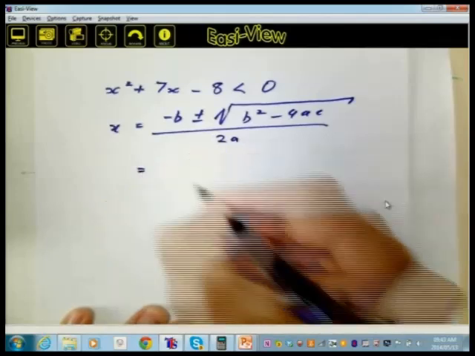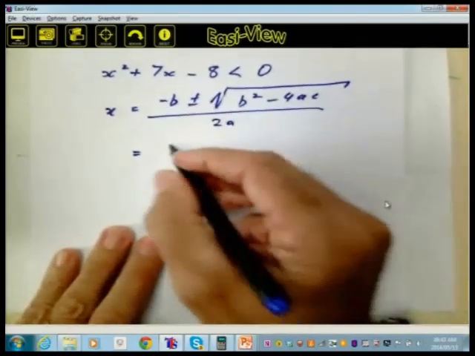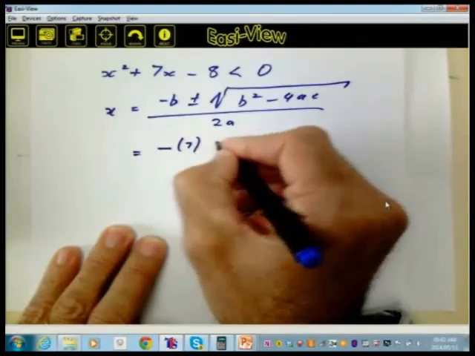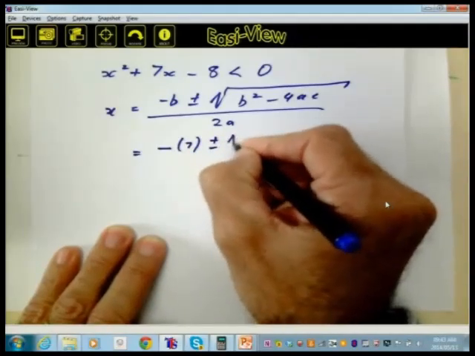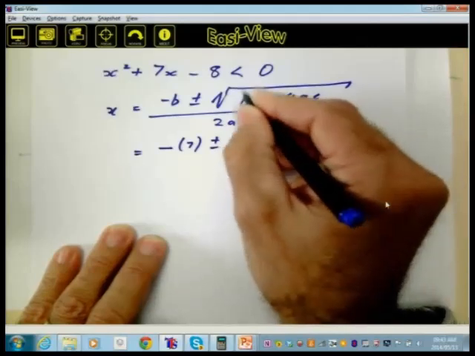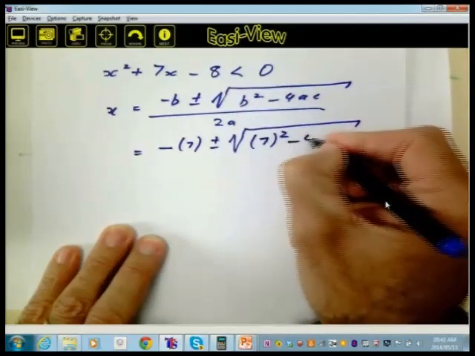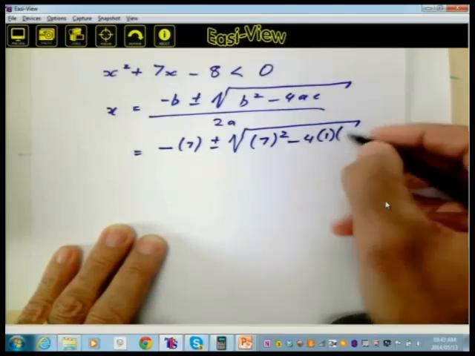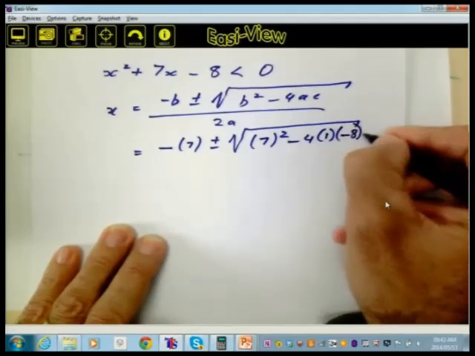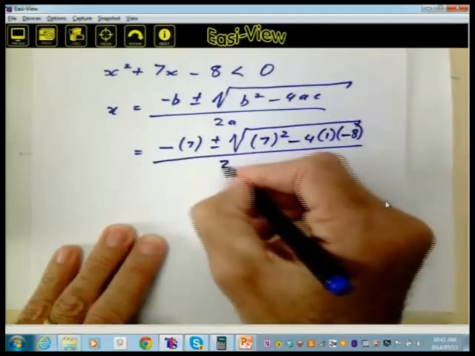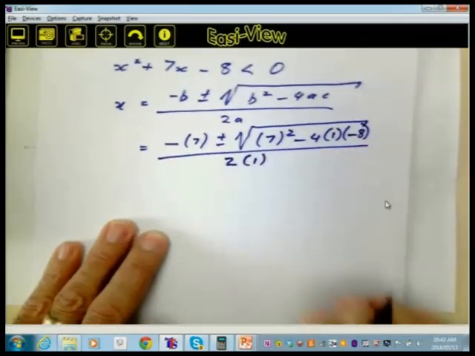And now we substitute, and we say that it is minus, what is b? b is 7 in brackets, plus minus the square root of 7 squared, because b is 7, minus 4, a is just 1, and c is minus 8. Remember your signs, okay? All of that over 2, and a is just 1.